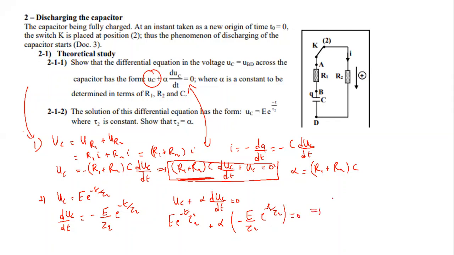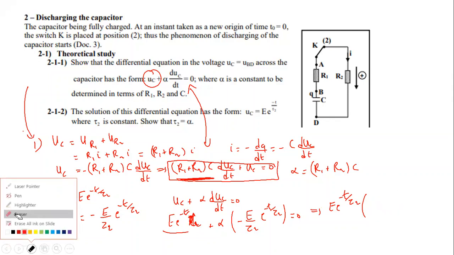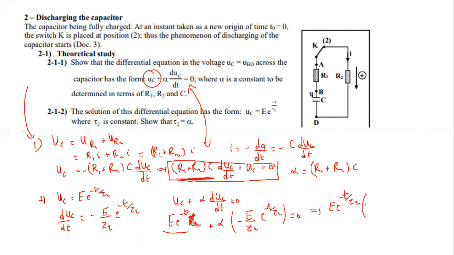So we take common factor e to the power minus t over tau2, and we still have between brackets 1 minus alpha over tau2 equal to 0.